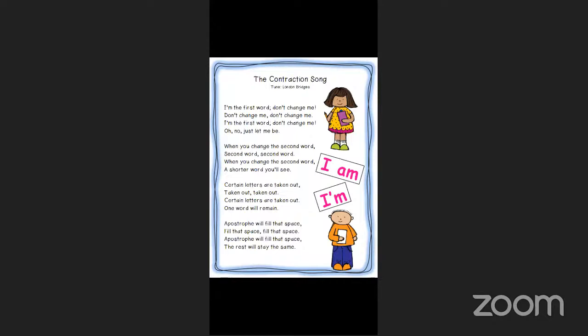We omit A, and to fill that space, we use the apostrophe. Apostrophe will fill that space. The rest will stay the same. The other letters remain as they are.